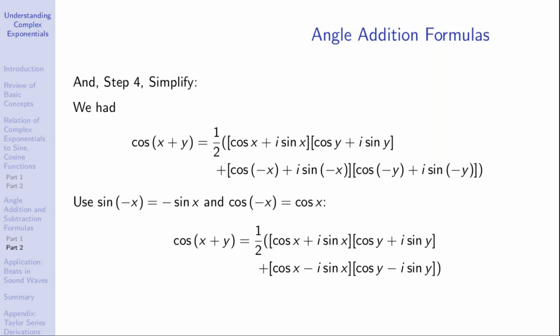So we're going to use the relations that sine of minus x is equal to minus the sine of x, and that cosine of minus x is equal to the cosine of x.